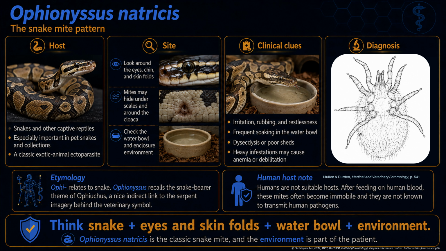Ophionyssus natricis is one of my favorites because it creates a nearly perfect exotic animal teaching case. The root ophio means snake. You may recognize it from Ophiuchus, the snake bearer, a constellation crossed by the ecliptic and sometimes nicknamed the 13th zodiac constellation. Ophiuchus is traditionally associated with Asclepius, the Greek god of medicine and healing.